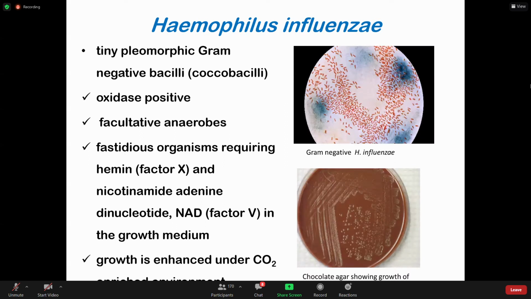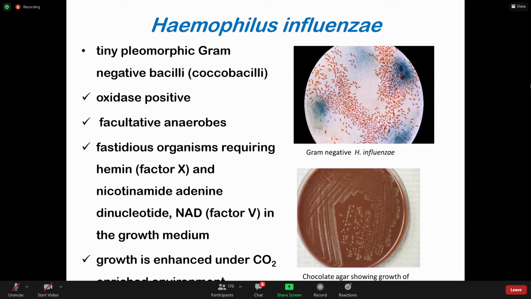Haemophilus influenzae is also an important agent of infection. These are tiny, pleomorphic, gram-negative bacilli. Because they are very short rods, we refer to them as coccobacilli. They are oxidase positive and they are facultative anaerobes.